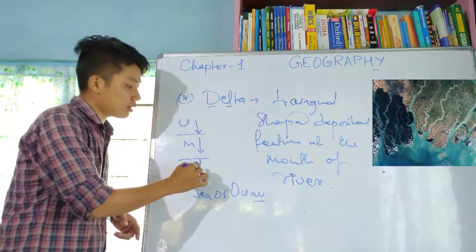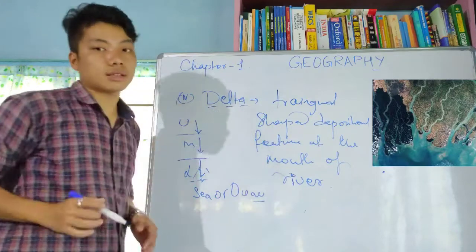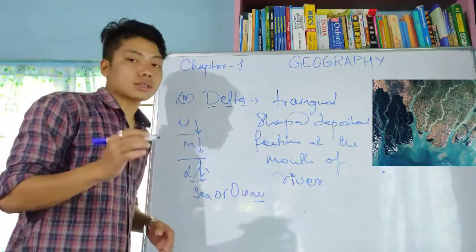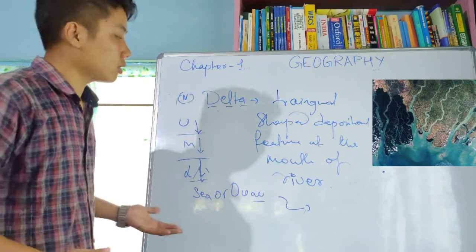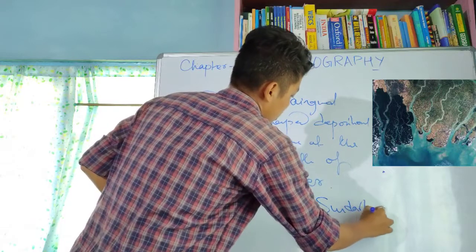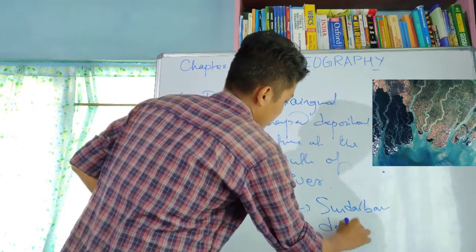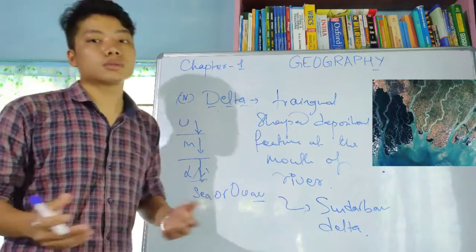This kind of triangular deposition at the lower course of the river is termed a delta. One of the best examples of a delta is the world's largest delta, the Sundarban Delta, also termed the Ganga Brahmaputra Delta.